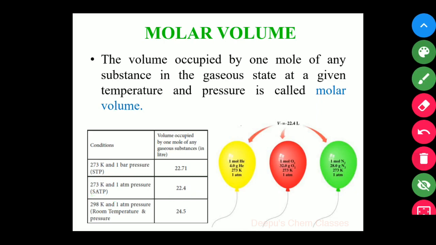Then if the condition is 298 Kelvin and 1 atmosphere pressure, 298 Kelvin is nothing but our room temperature, and the standard molar volume is 24.5 liter. So this table gives the standard molar volume values based on the given conditions of temperature and pressure.